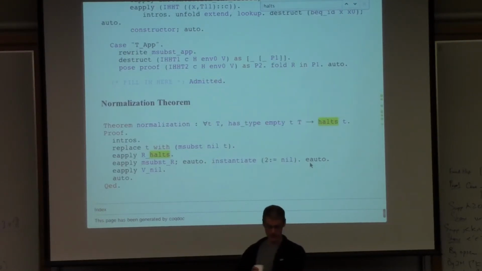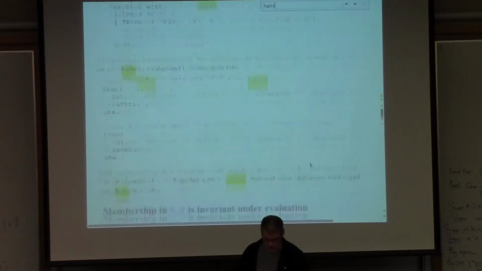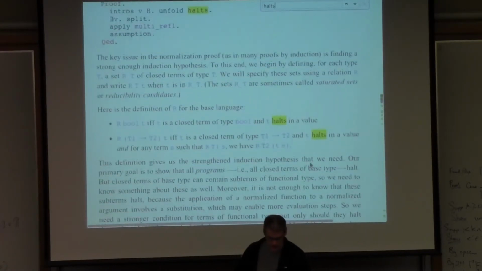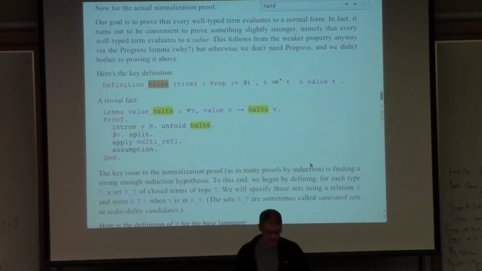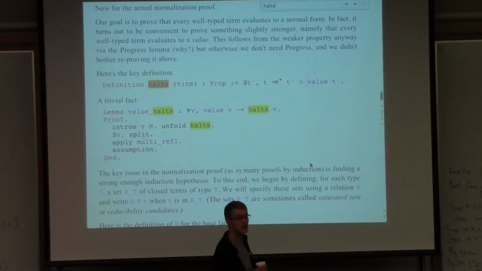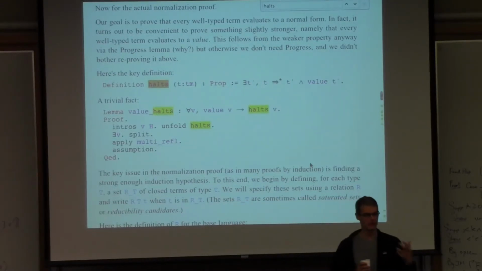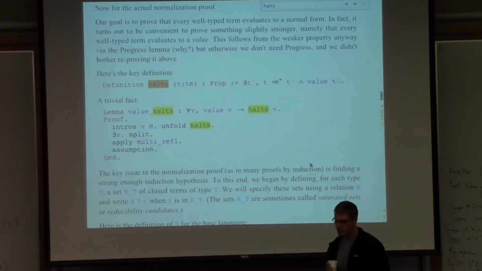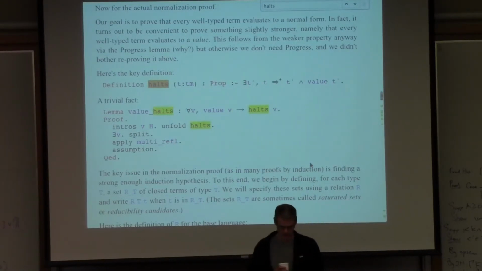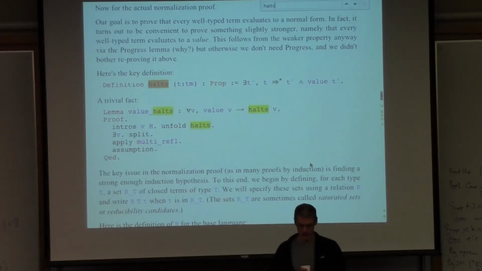Right? Because, why? Because halts is, where was the definition of halts? Halts is a Prop. Okay, so if I simply extract from this proof, I get something disappointing. But if I'm willing to hack a little, and I have somebody like Richard to help with the hacking, then I can do a little better.